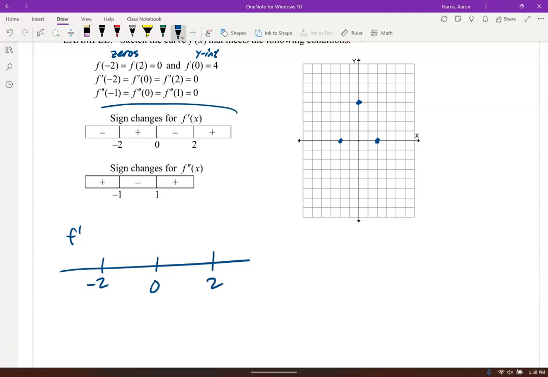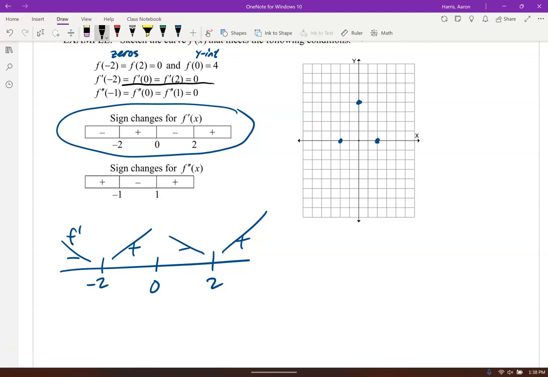And then notice they actually give the table as well. The function decreases, then increases, then decreases, then increases. Okay, we've got some more information. And then it says f double prime, sorry.